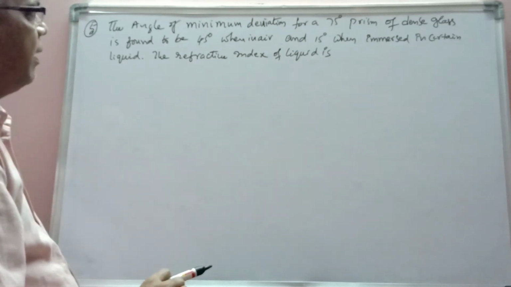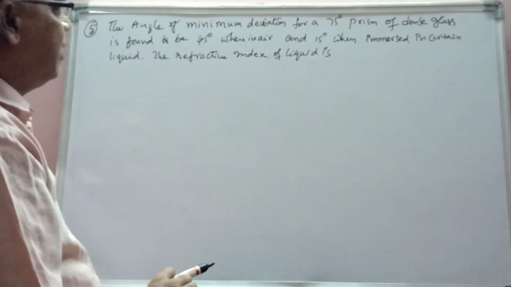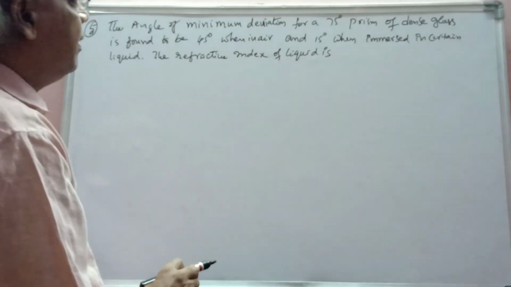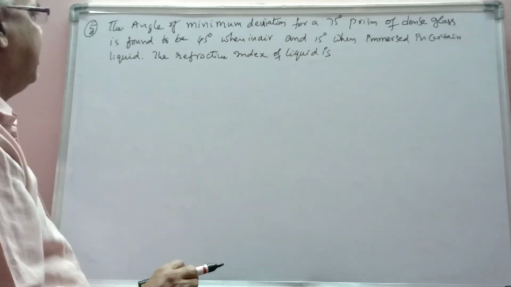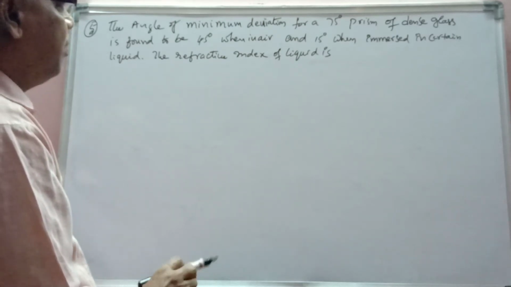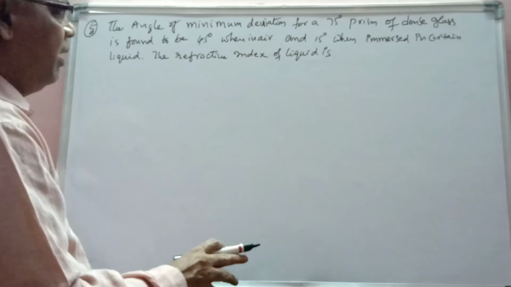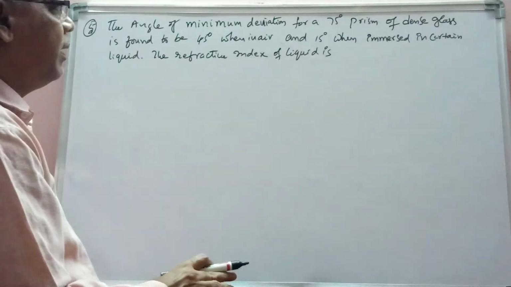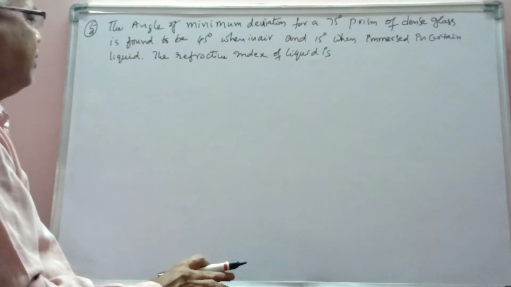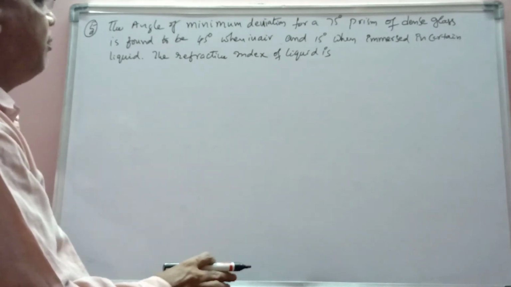Here the angle of prism is given, 75 degree, and the minimum deviation is 45 degree when it is in air. But when this prism is immersed in a liquid, the minimum deviation is 15 degree. So find the refractive index of the liquid.